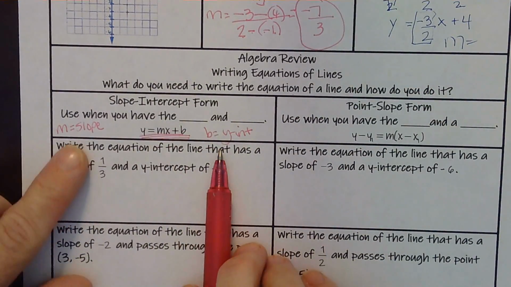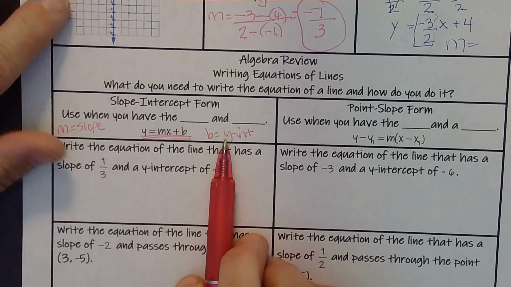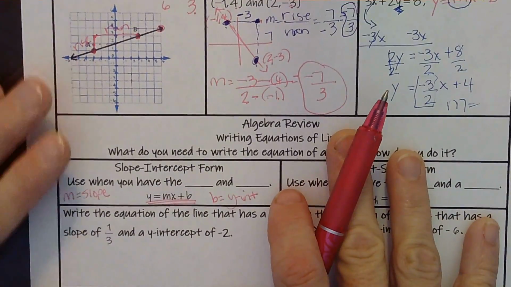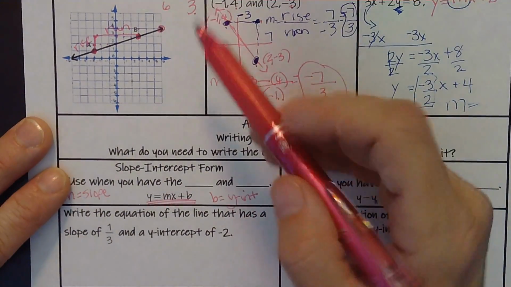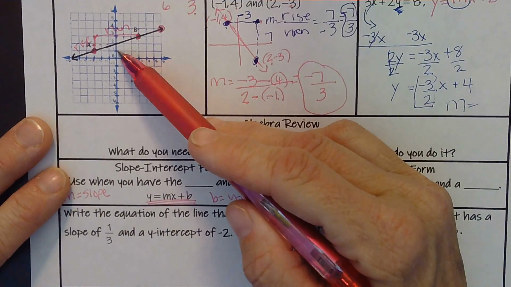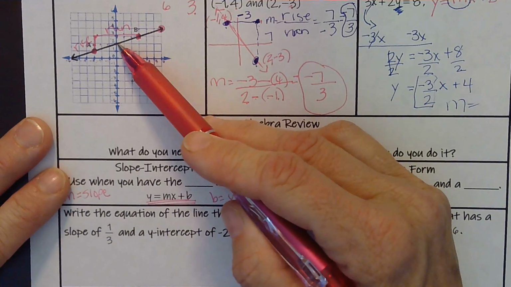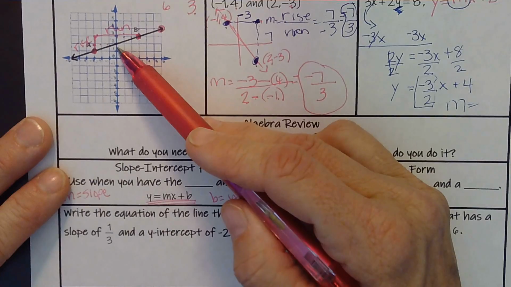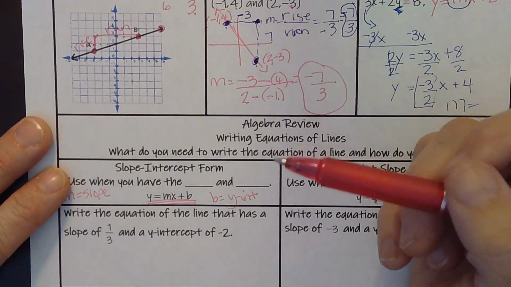So if I were going to identify the y-intercept from this previous graph, the y-intercept is the point where the graph crosses the y-axis. So the y-intercept for this point is actually 2.